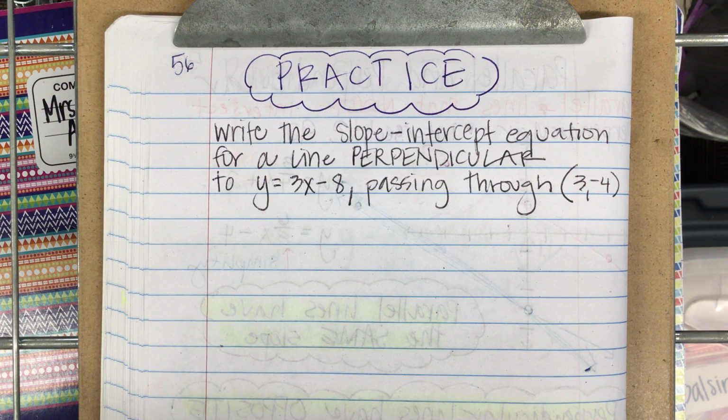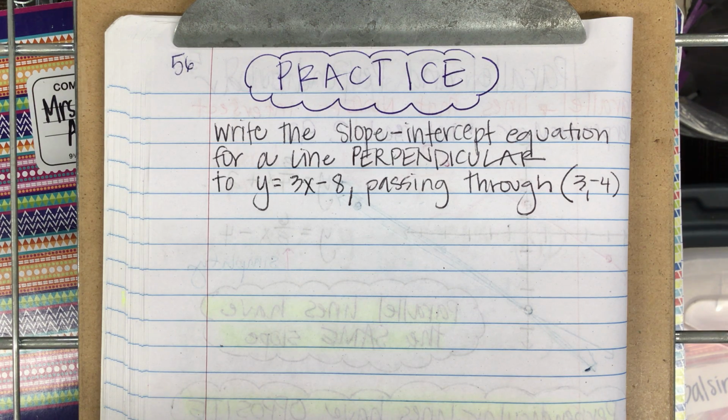What was our lesson before today's about? Point slope form. That sounds intriguing. I wonder what you're required to have in order to use point slope form. There's a point and a slope.